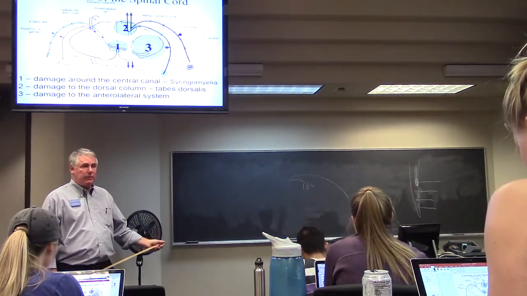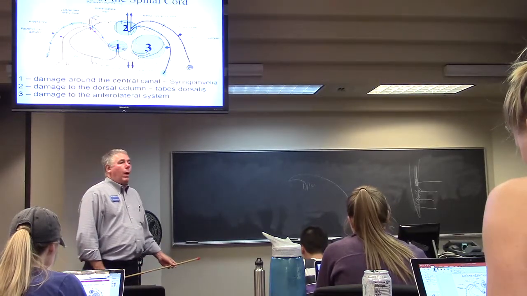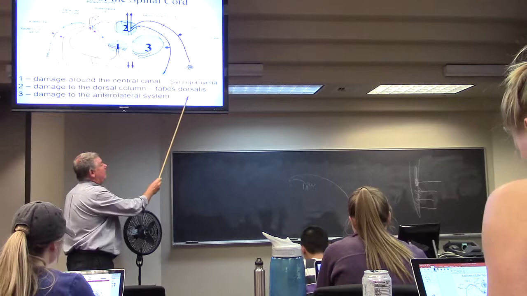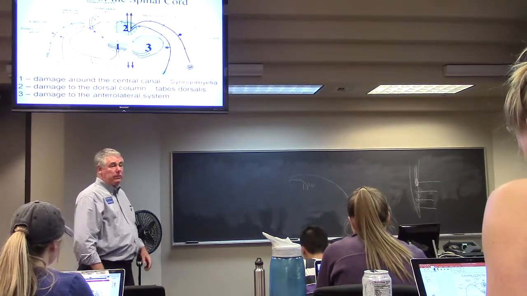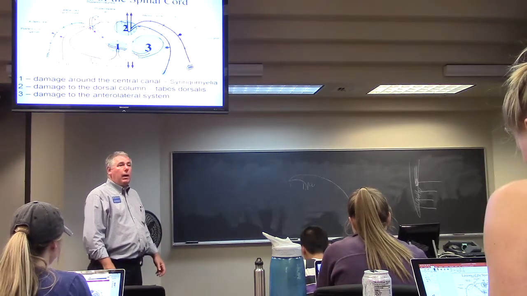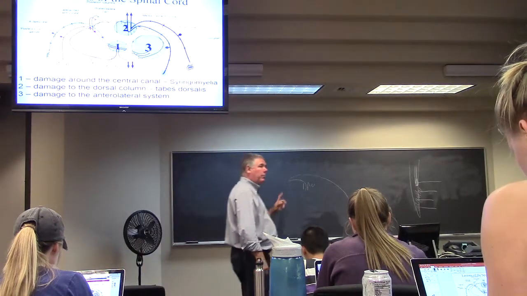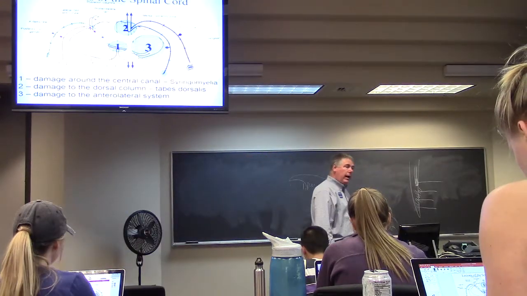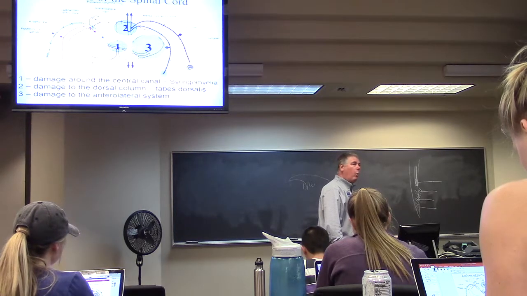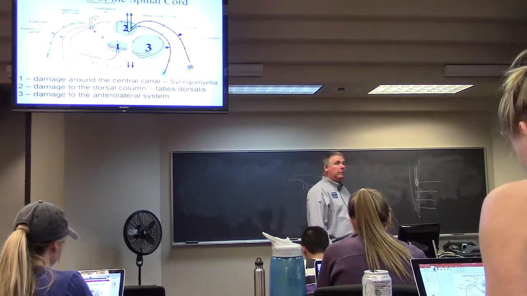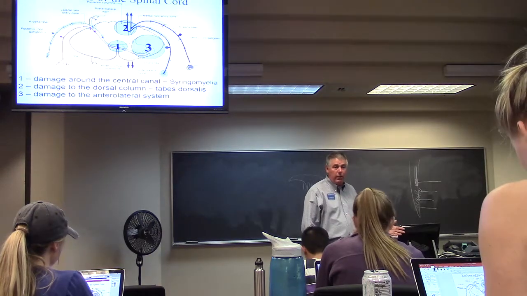Tertiary syphilis will wipe out the dorsal columns. That's Tabes dorsalis. I've mentioned that to you now 8,000 times. These people have lost proprioception and touch. So when they walk, they actually have to look at where their feet are in space because they can no longer tell where they are.